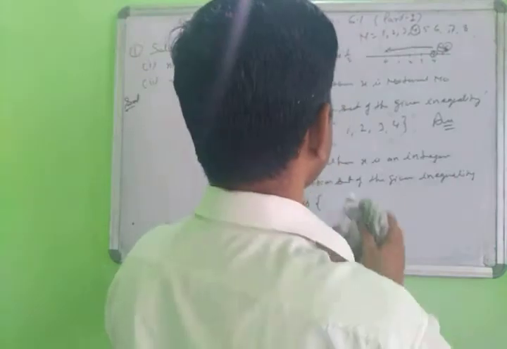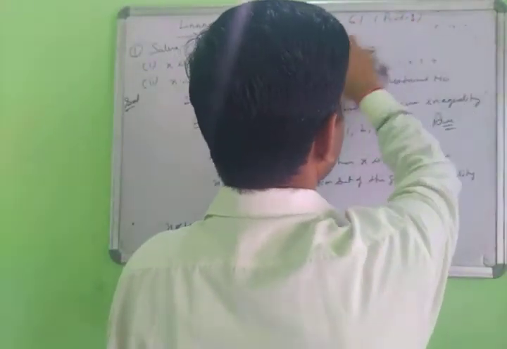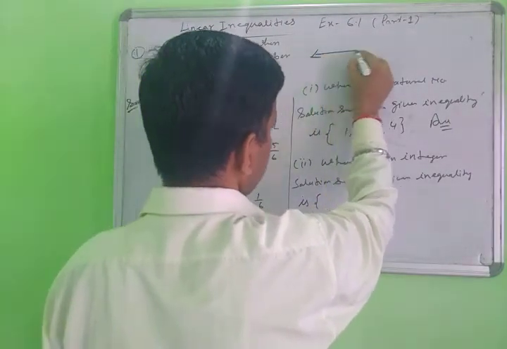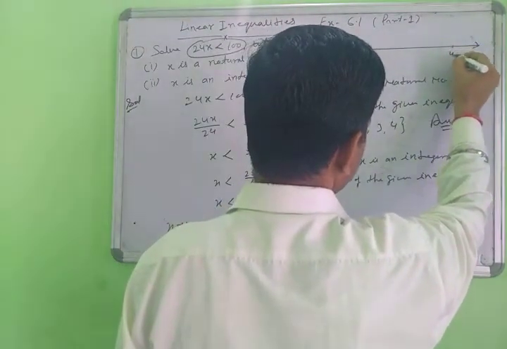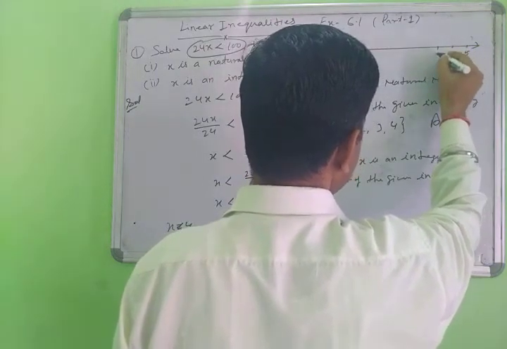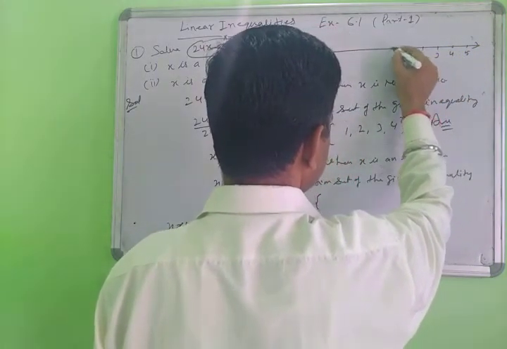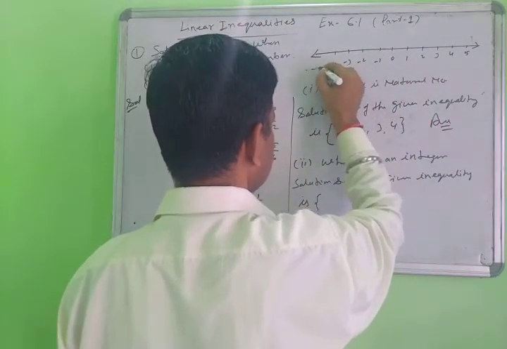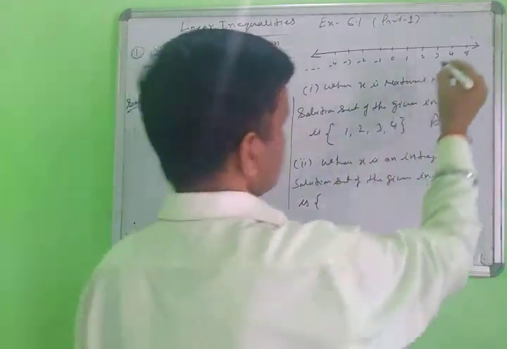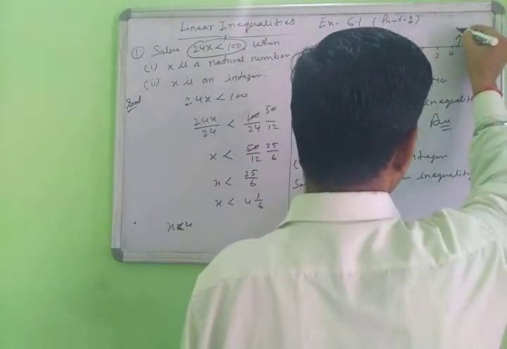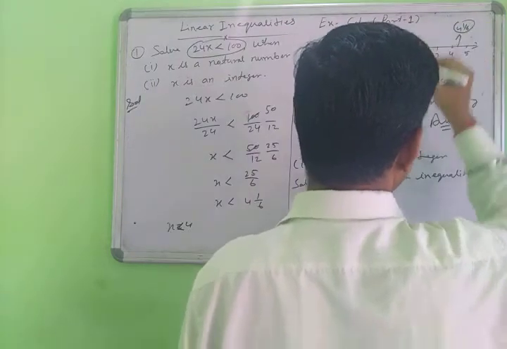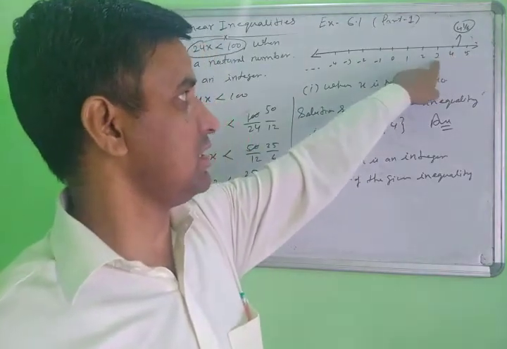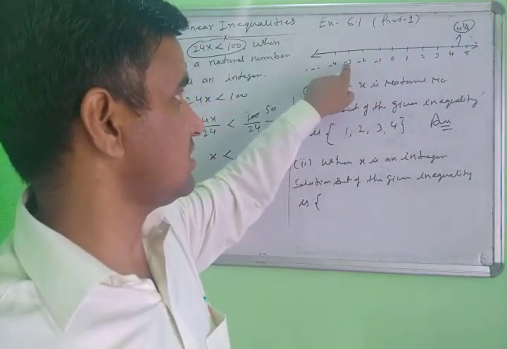Now look here. Make the integer number line. This is 4, this is 5, and this is 3, 2, 1, 0, minus 1, minus 2, minus 3, minus 4, and so on. The position of the number here is 4 whole 1 by 6, and less than this means 4 is included, along with 3, 2, 1, 0, minus 1, minus 2, minus 3, minus 4.